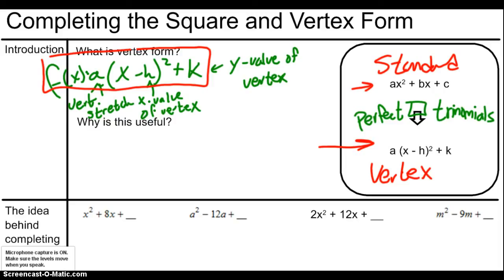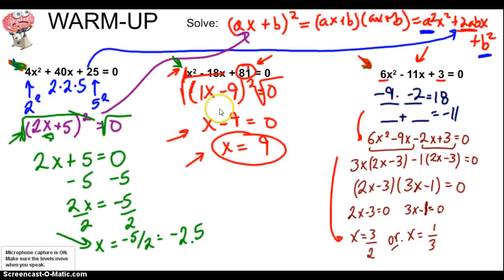Why is this so useful? Well, we know one reason why it's very useful, right? It's good for graphing, and we can easily find the vertex. But it's got one hidden reason why it is so important. Think back to the warm-up. These problems right here didn't require any factoring.